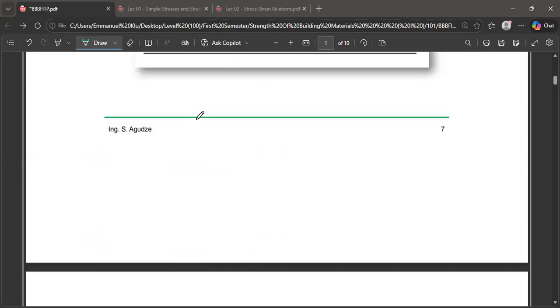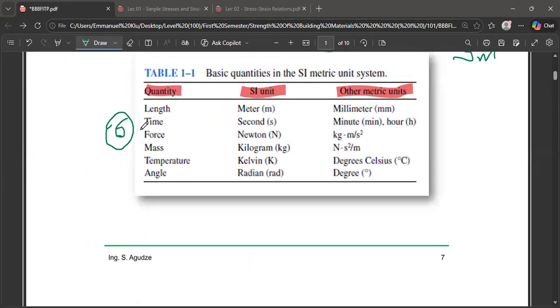Please take note that force over here is a derived quantity. Apart from that, you can call length, time, mass, and temperature a what? A base quantity. Okay, good.